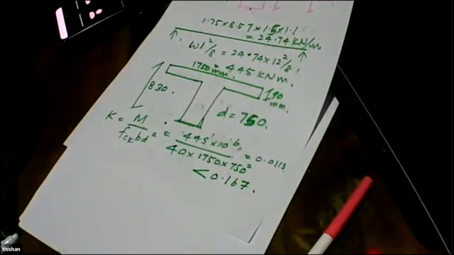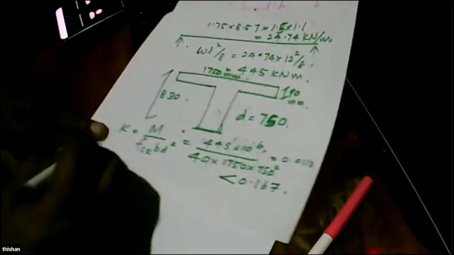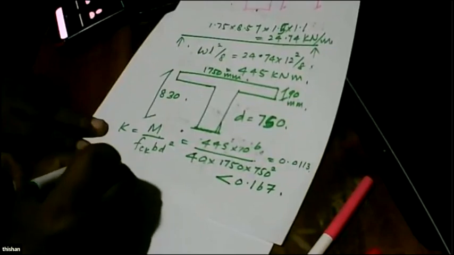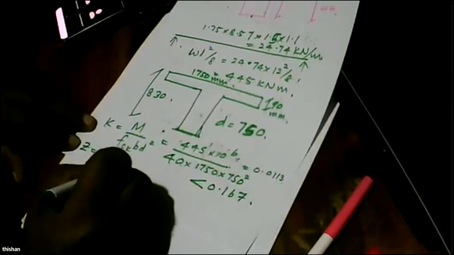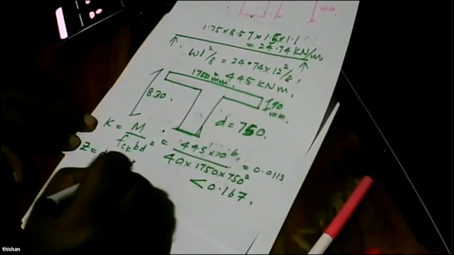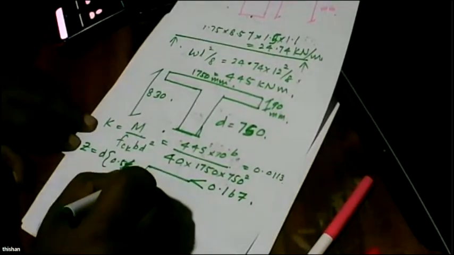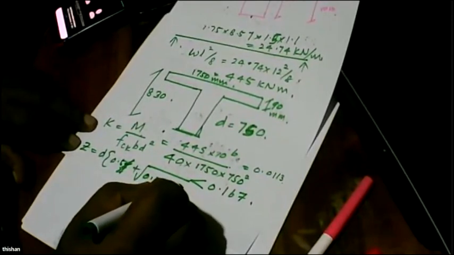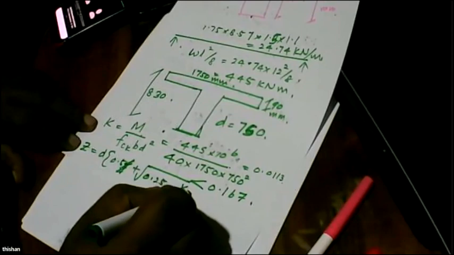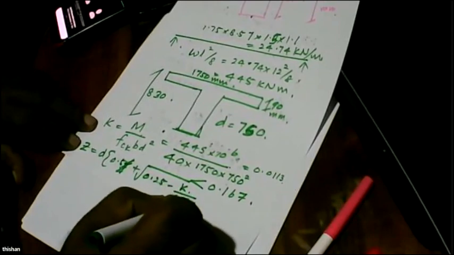Which means we can singly reinforce the beam. Z is given by this equation: Z is equal to d times 0.5 plus square root of 0.25 minus K over 1.134.